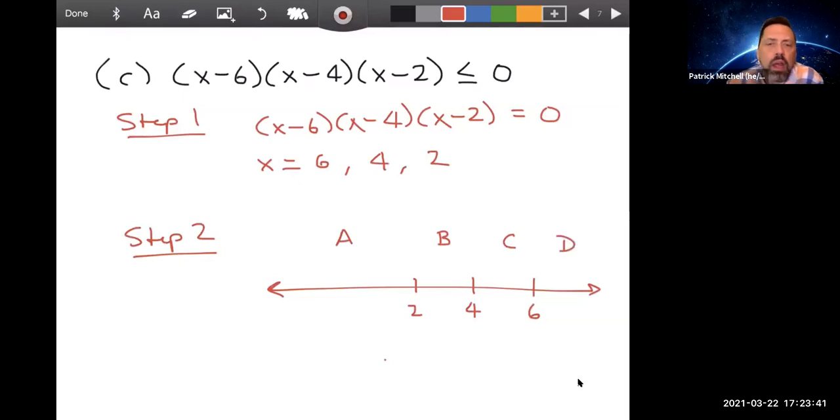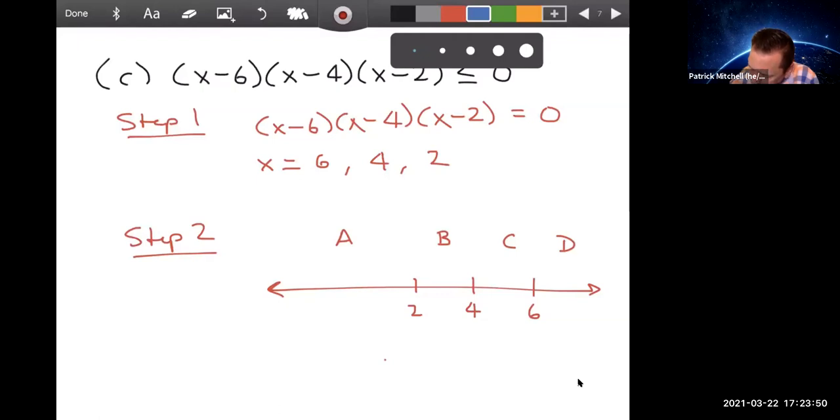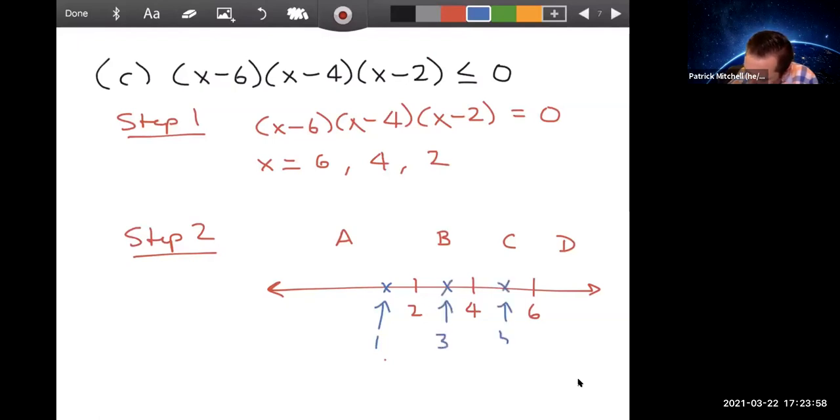Okay. So now let's pick our test values. Feel like I can go a little faster with this part now. So how about 1, 3, 5, and 7? Okay, so now I'm going to go make my table.